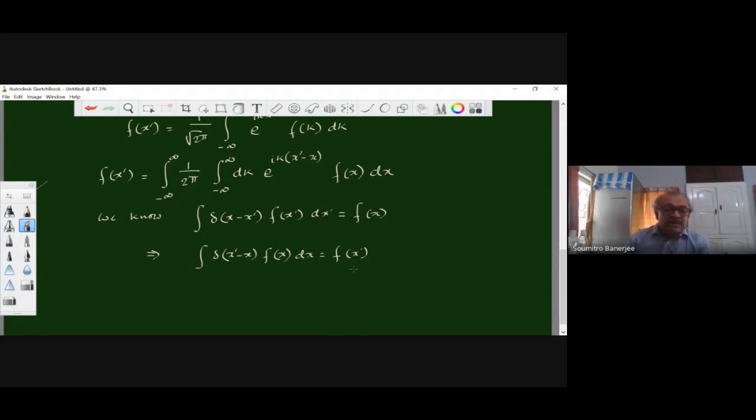So you now see that we can compare this with this, and that leads to the conclusion that 1 by 2 pi integral minus infinity to infinity, there was dk, e to the power minus I k x prime minus x, should be equal to delta x prime minus x.